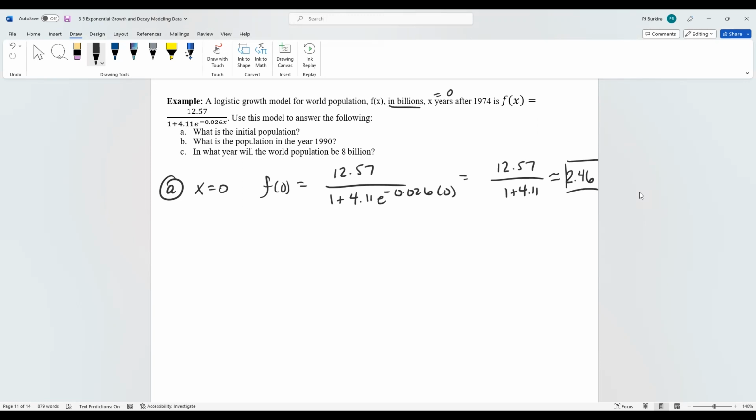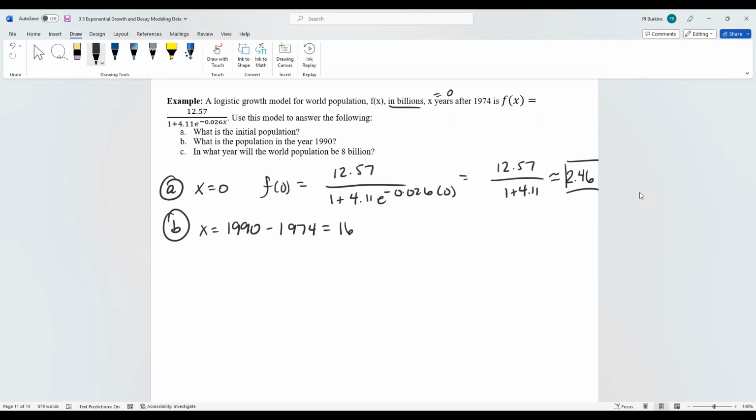Second part of the problem says, what is the population in the year 1990? So we would need to know, what is x for that? Well, x is the number given minus the initial year, which was 1974. And so 1990 minus 1974 is just 16.